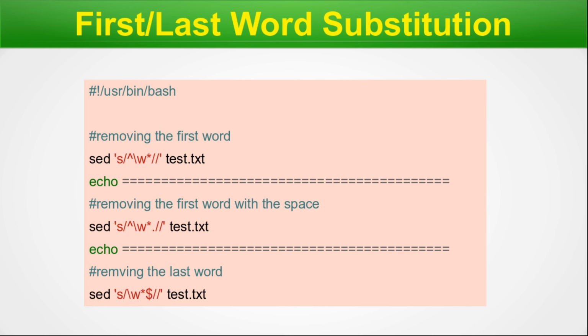So here we are removing the last word. We are matching and substituting this last word with nothing, because in the next pair of forward slashes there is nothing in between. So this will remove the last word. You will try out this example at your end.